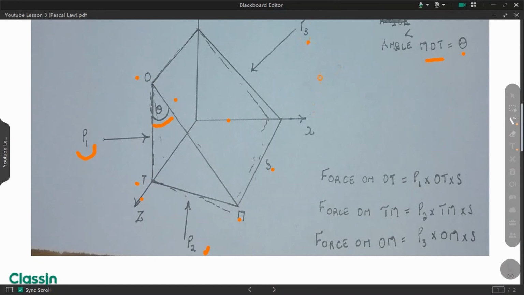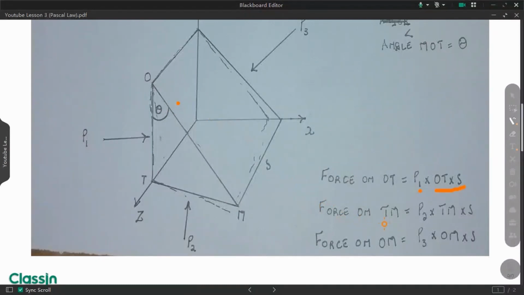When we want the force on those faces, the force on the face OT, which is this one, is equal to P1 times OT times S, which is the thickness of the prism, right? So this is the pressure multiplied by OT times S, which is the area. So this is the force on this face.